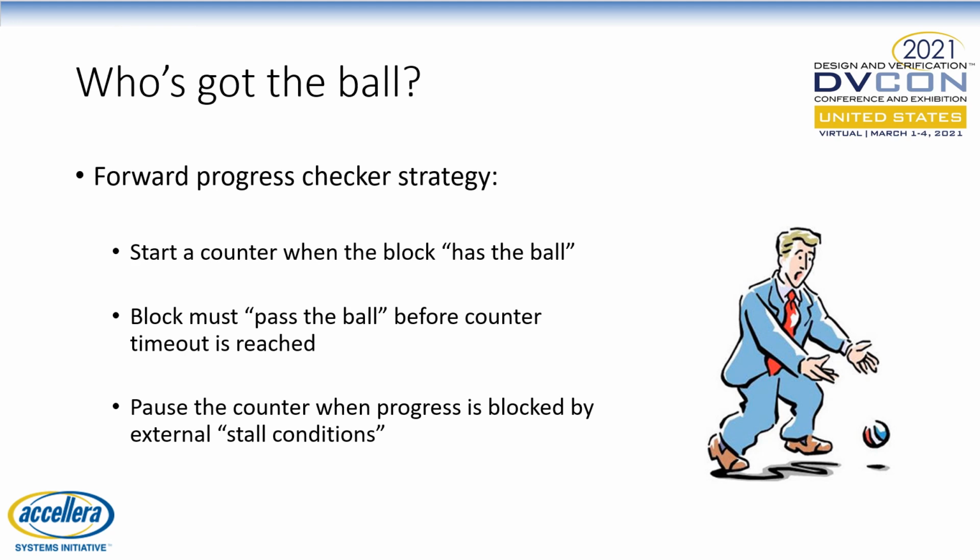In practice, there are usually many legal conditions that halt forward progress and which are outside the control of the block under test, such as back pressure on an output interface. These stall conditions must pause our counter so we do not count this time against the block under test.